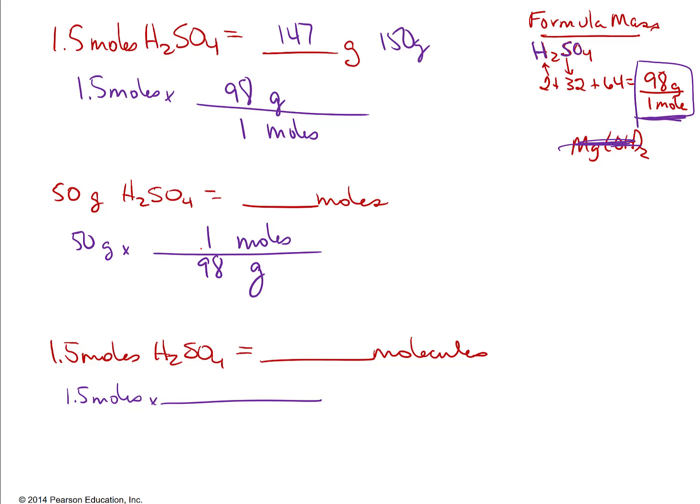So 50 divided by 98 is 0.5 and a whole bunch of other digits. But 50 is one significant figure, so I would just round that to 0.5. Okay?